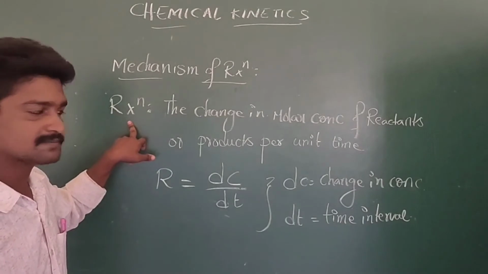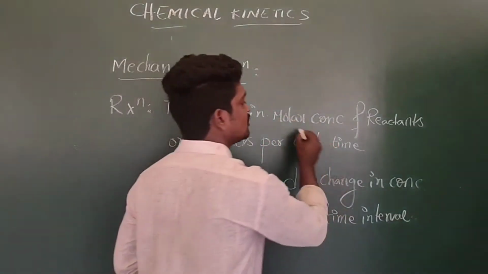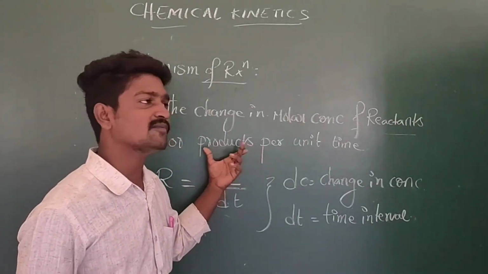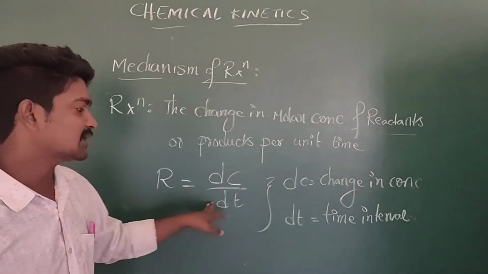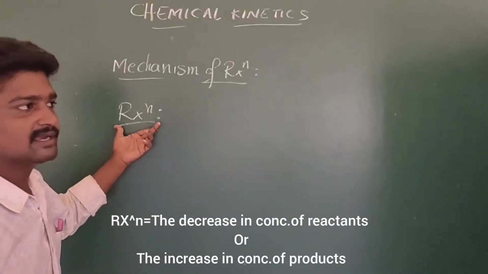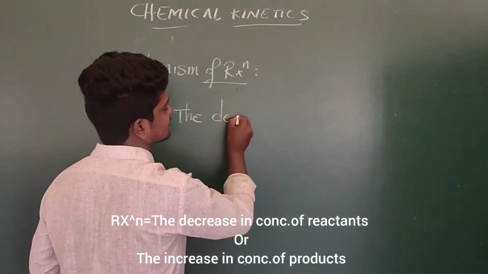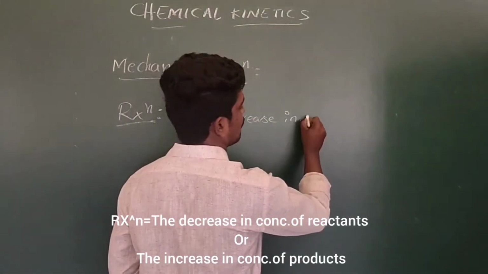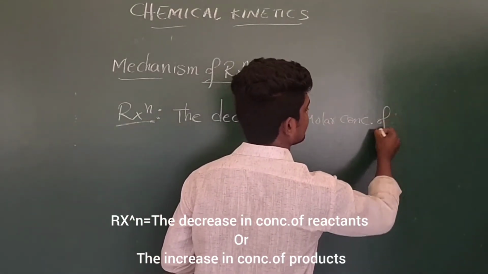We can write in another way. Rate of reaction is nothing but the decrease in molar concentration of reactants or increase in molar concentration of products per unit time. That also we can write as a mathematical expression.